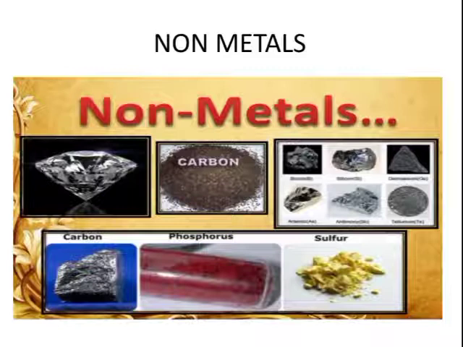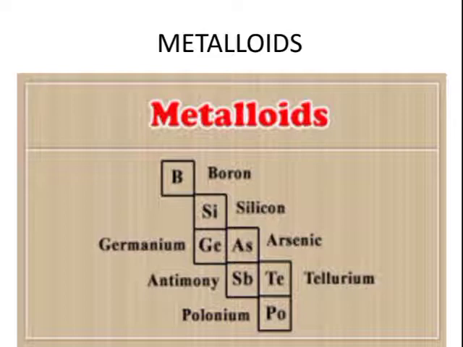All the objects or materials in the world are made from elements, compounds, or their mixtures. Scientists classified all the elements in three general types, which are metals, non-metals, and metalloids.